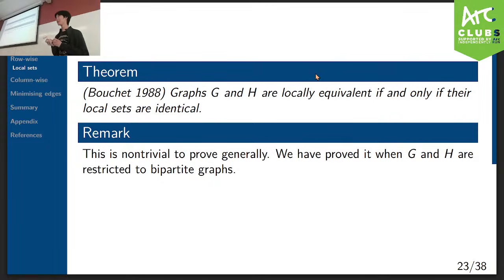Yeah. I can see that locally equivalent doesn't necessarily follow, because it can stop being bipartite. But is it true that for any set of local complementations on a bipartite graph, such that the resulting graph is also bipartite, you can find some pivots that could do the same thing? Yeah, that is true.